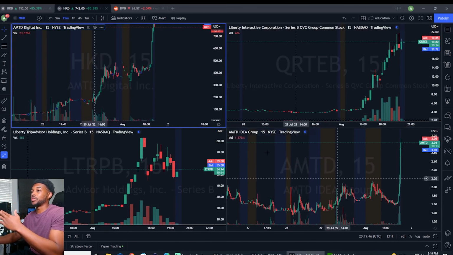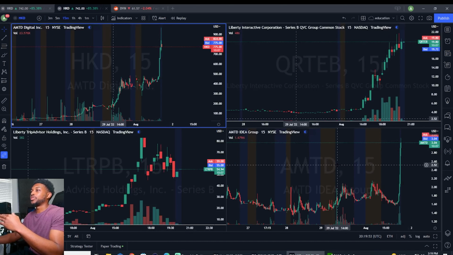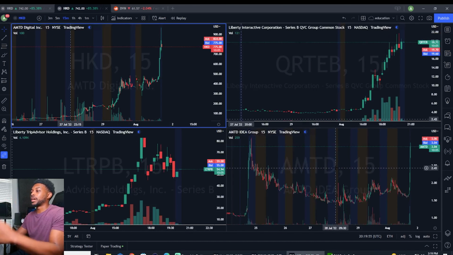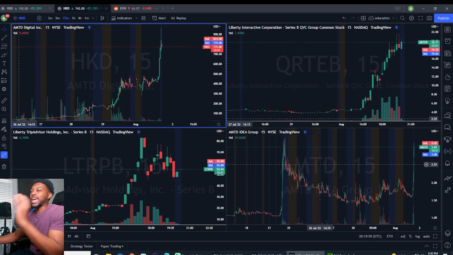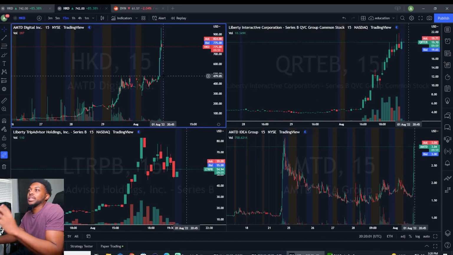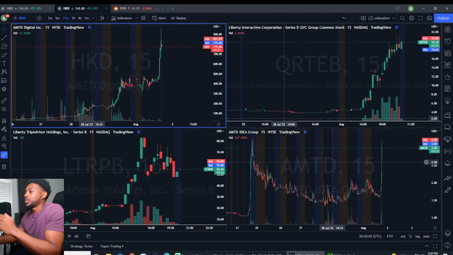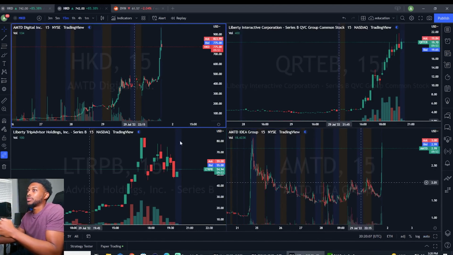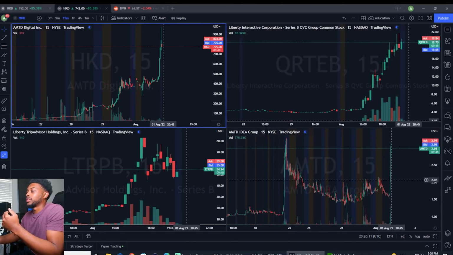This thing didn't want to go up, but as soon as HKD broke out, this thing ran like wildfire, right? So if you wanted a safer alternative, and you had really bad FOMO and said, I don't want to miss out on the HKD, you could have gone over here to the AMTD trade, which is basically the same stock essentially, and traded a little bit cheaper.